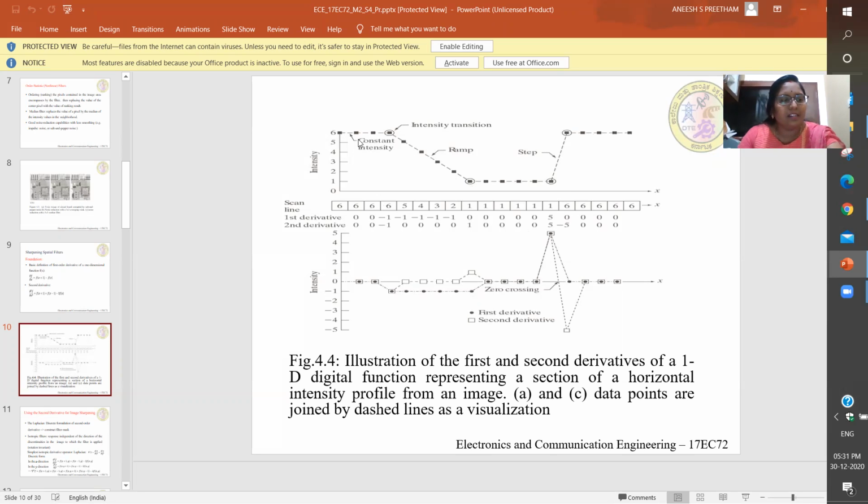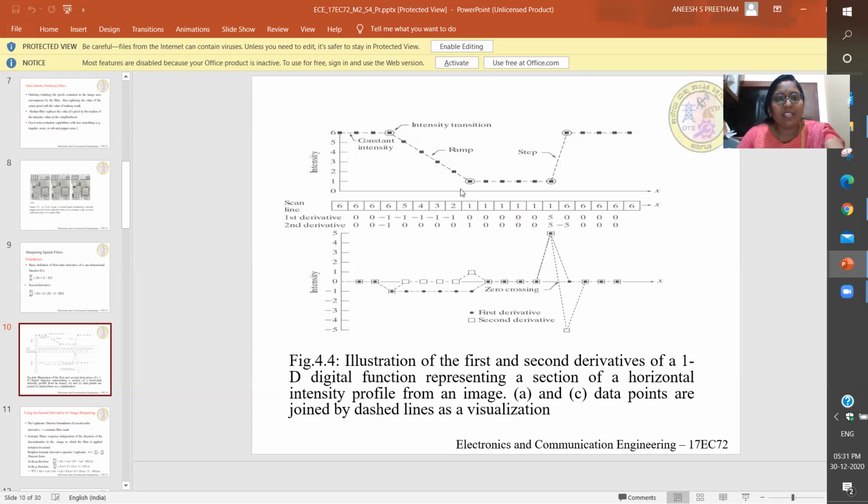As the figure shows, the scan line contains an intensity ramp. There are three sections of constant intensity, a constant ramp, and an intensity step.